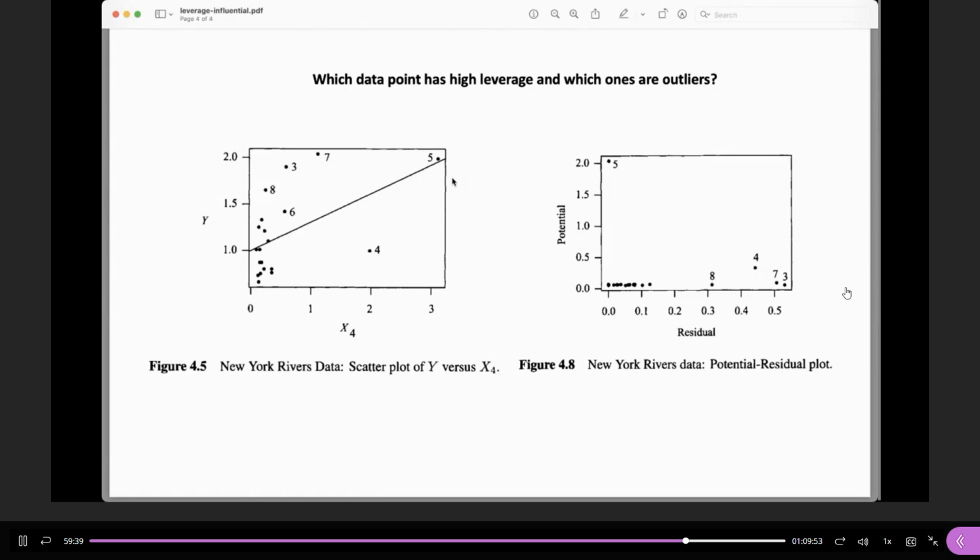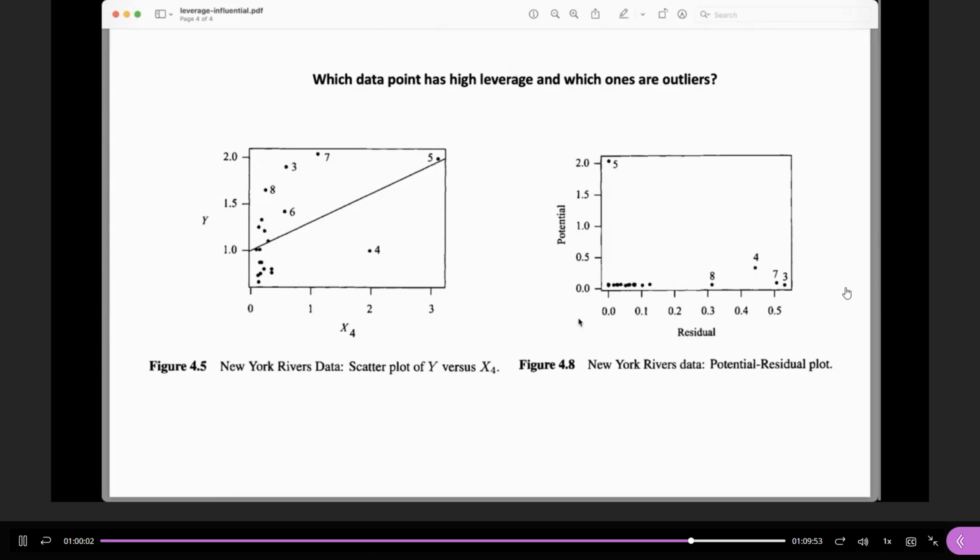What about points 3, 4, 7, 8? You look at from here, 3, 7, 4, 8. What's wrong with these four points here? Are they high leverage? They are not high leverage because their potential is not high.